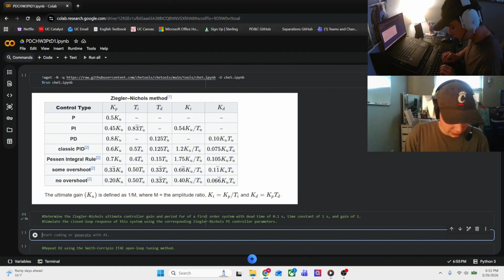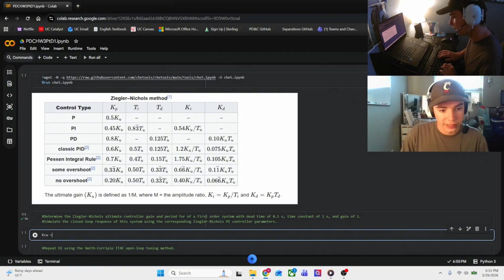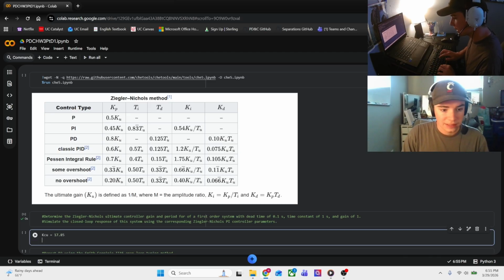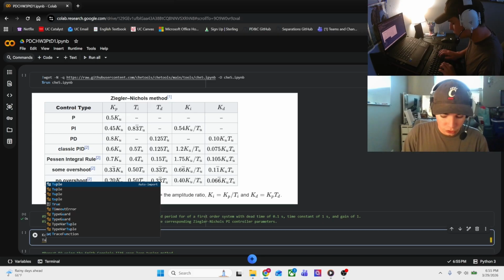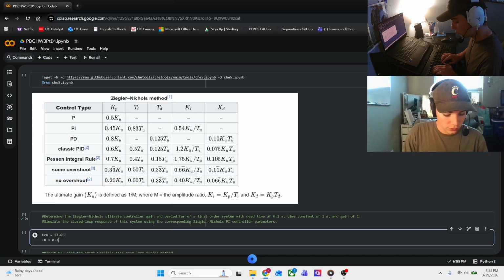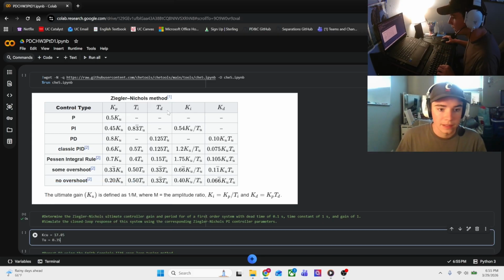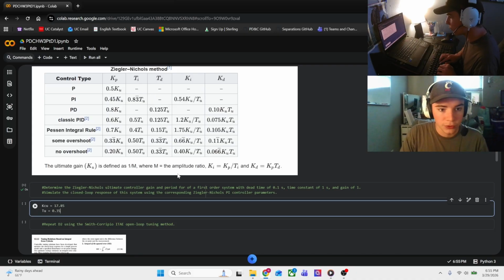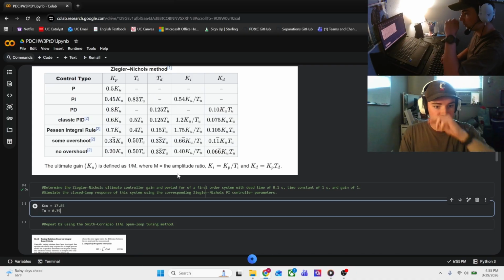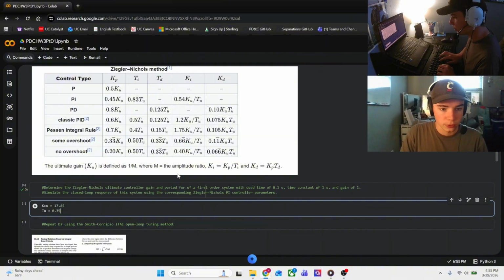So to get started here, in class we determined an ultimate controller gain of around 17.85. So I'm going to stick that in there, and then a tau u of 0.35 as up in here. We're going to use these values to then multiply by these Ziegler-Nichols empirical values they have up here.